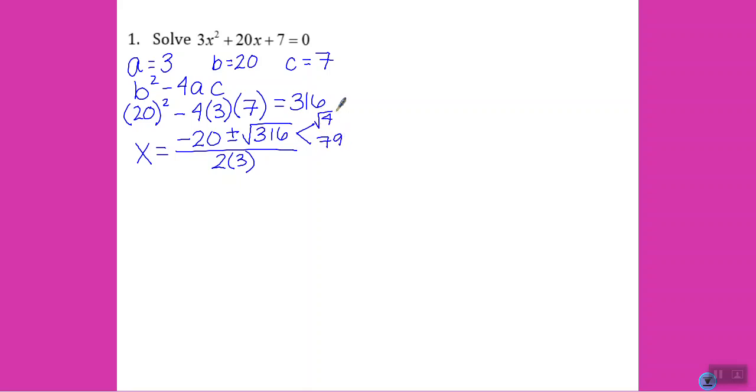So we're going to use the square root of each of those. So x will equal negative 20 plus or minus the square root of 4 is 2, and then we'll have the square root of 79, all over 2 times 3, which is 6. Now we need to see if we can simplify our fraction.